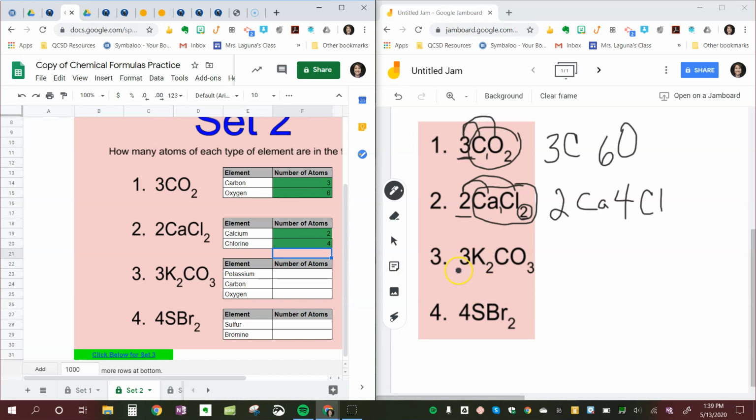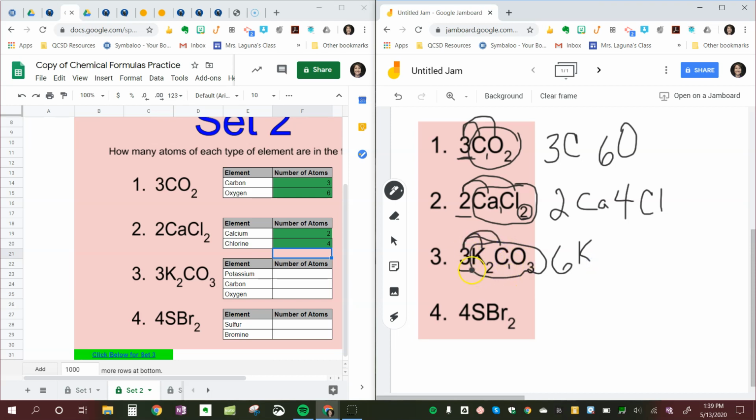Let's take a look at the next one. Potassium carbonate. And we have 3 molecules of potassium carbonate. So it's going to multiply the whole formula. 3 times the 2 potassium would give us 6 potassium. How many carbons are we multiplying?